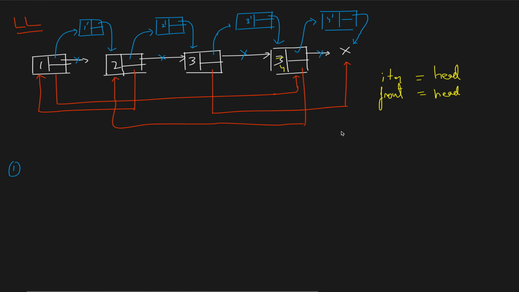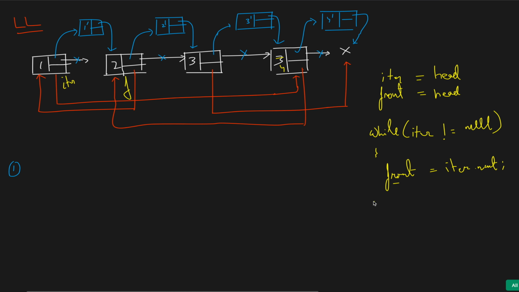After this, we are going to iterate iter till it doesn't reach null. After this, we are going to say front moves to iter.next. Now initially the link was this white link, so front is going to move over here and the iter as of now is staying over here.